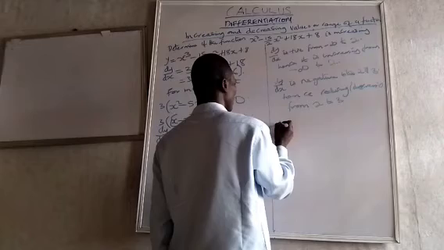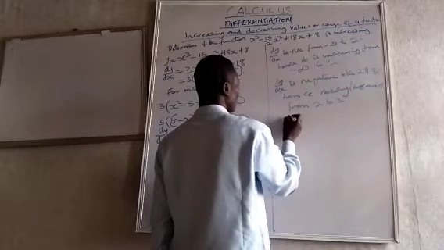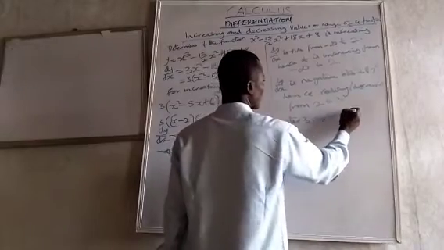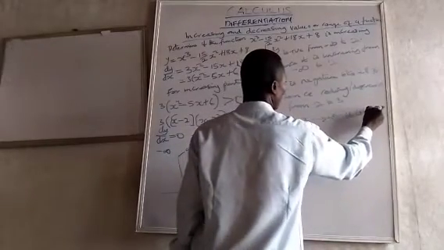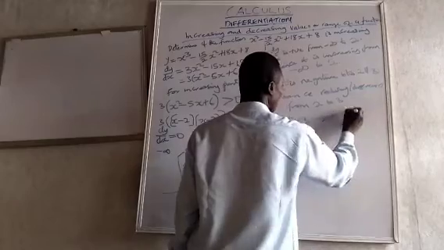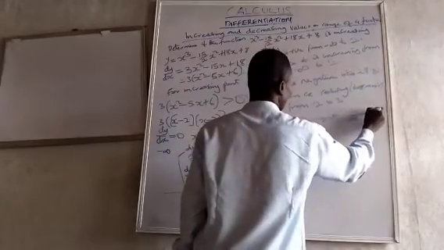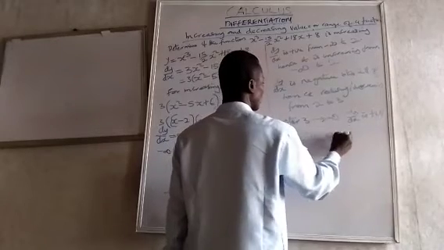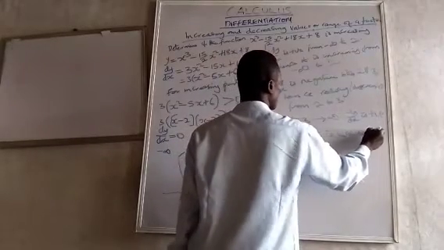So after 3 to infinity, dy/dx is positive. Hence, it is increasing. So you can see.